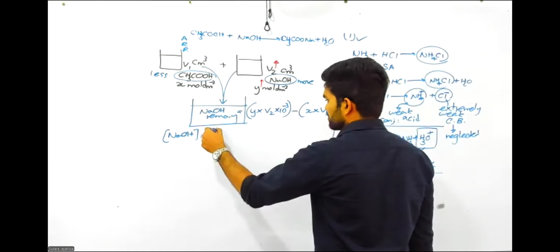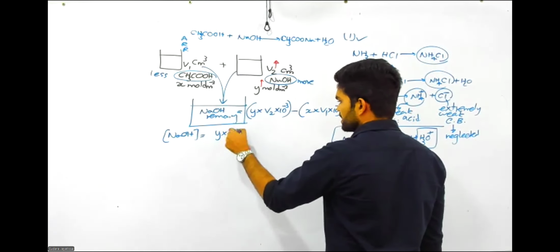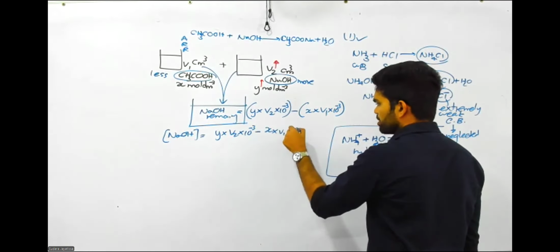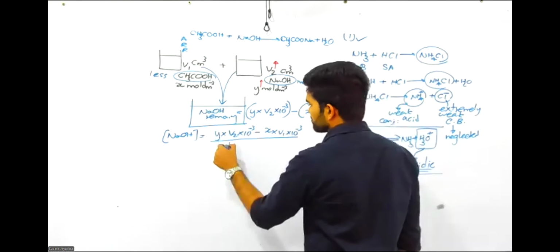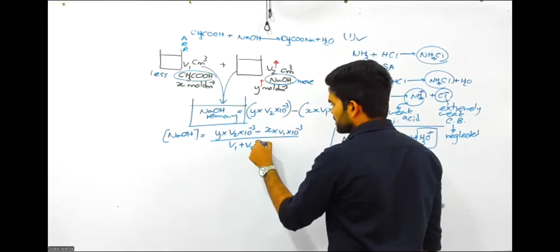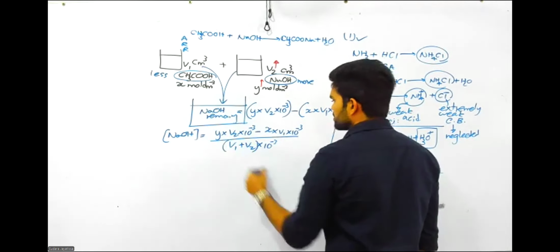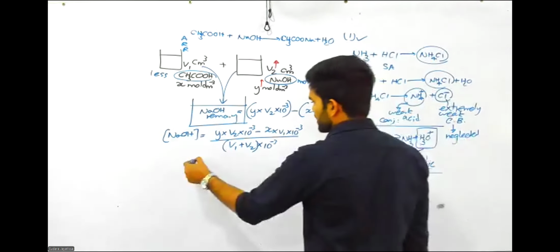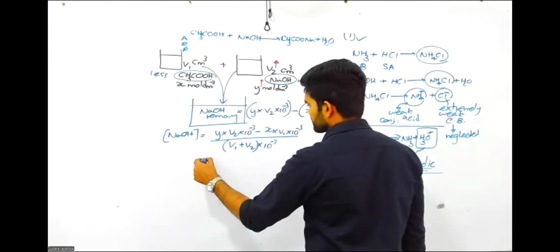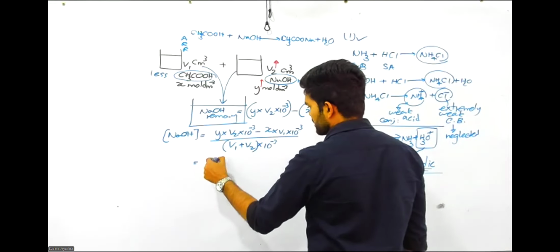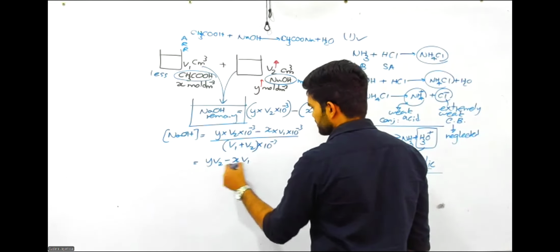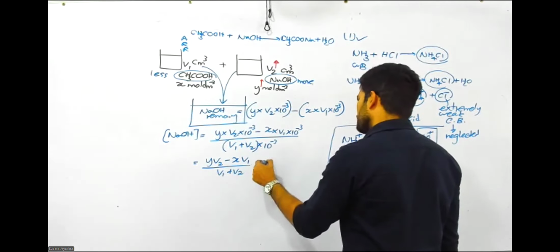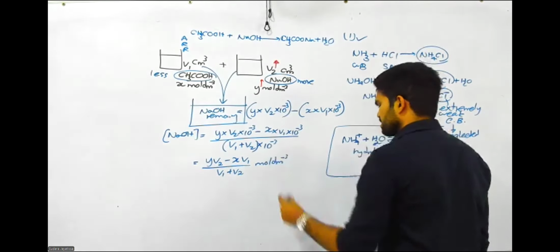So that is divided by the total volume, V1 plus V2 into 10 to the power minus 3. The 10 to the power minus 3 is going to get cancelled. So your final concentration is (yV2 minus xV1) over (V1 plus V2) in mol per decimeter cube.